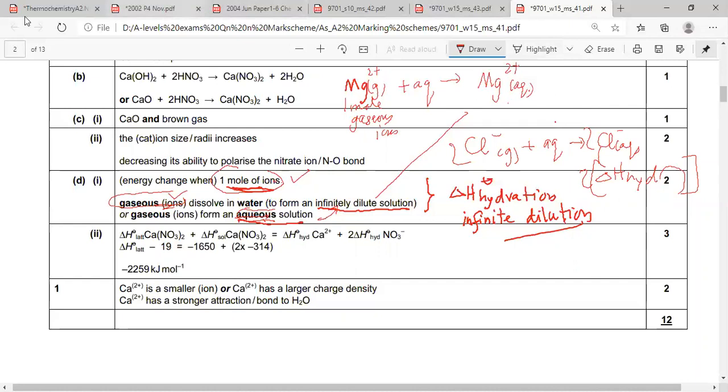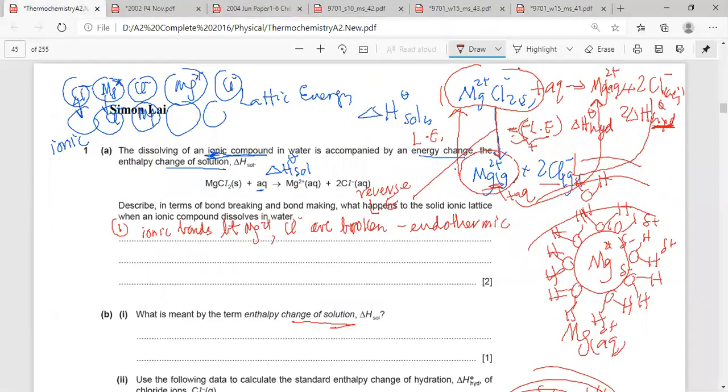Now, to form the whole thing, this question asks the whole question. After the solid bonds are broken, when dissolved in water, what happens? Number 2, the gaseous ions of Mg²⁺ and Cl⁻ form bonds, are surrounded, form bonds with water.